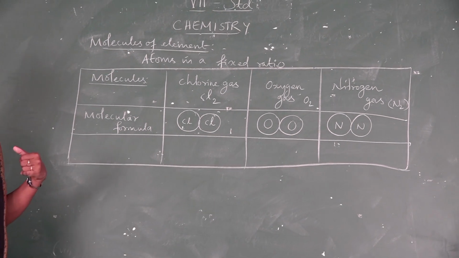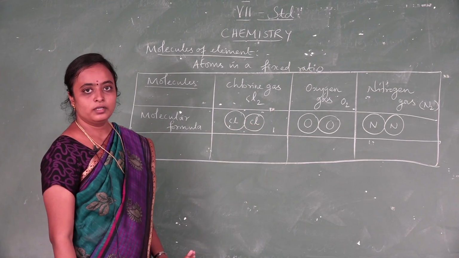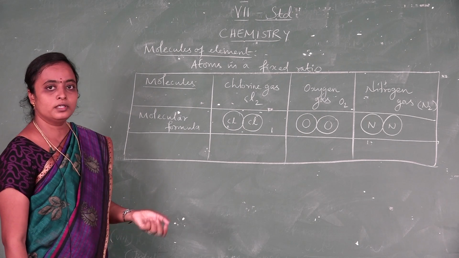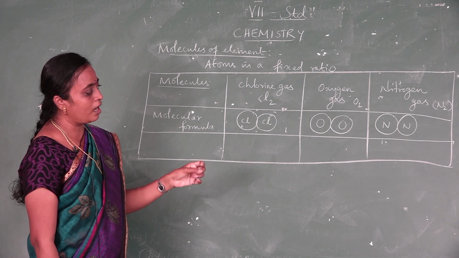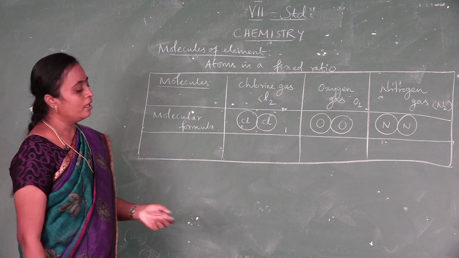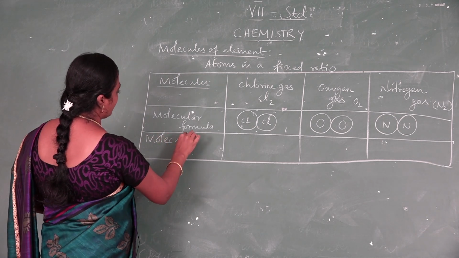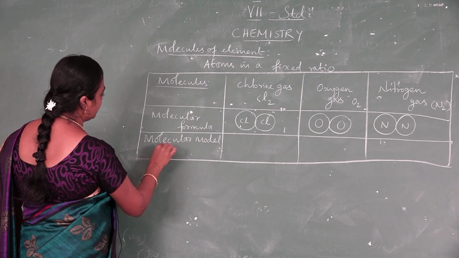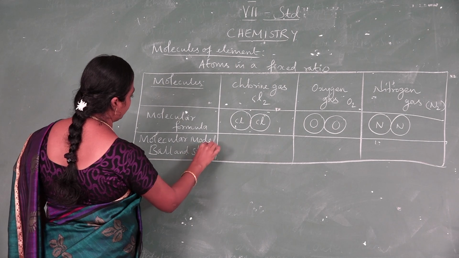Next, how can we see how many bonds are formed in the molecule? Whether the bond formation is a single bond, a double bond or a triple bond. To clearly indicate how the bond is involved in that molecule, I will give a molecular model named the ball and stick model.